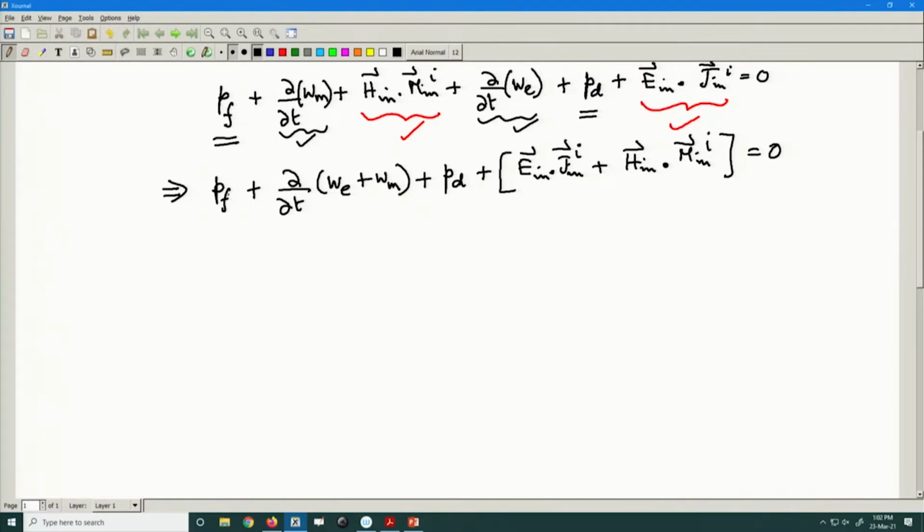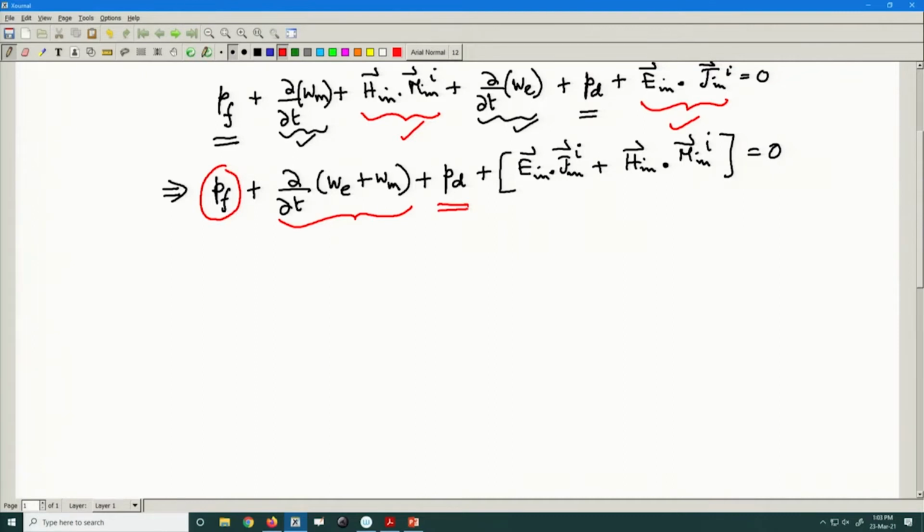The left hand side contains the power flow, which is this term, the energy densities of the electric and magnetic fields, the time rate of change, and it contains the power dissipation terms P d.